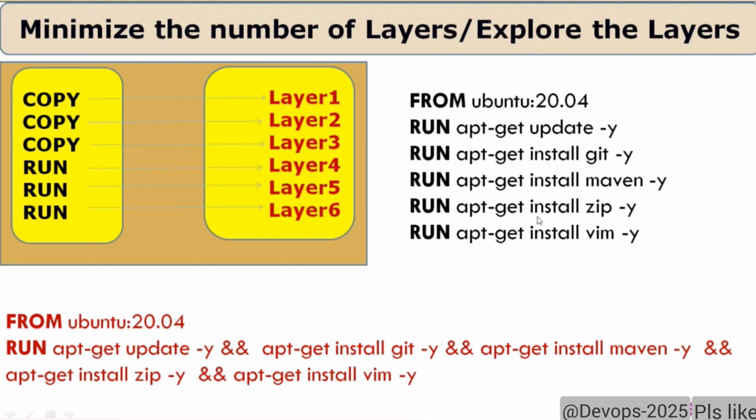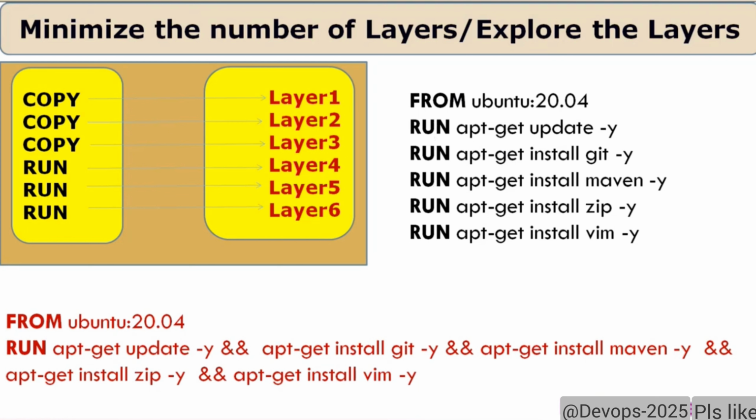In this example, I am doing apt update, then installing multiple packages or software with several RUN instructions. So here FROM is one instruction and RUN is used 5 times, so 6 layers will be created.